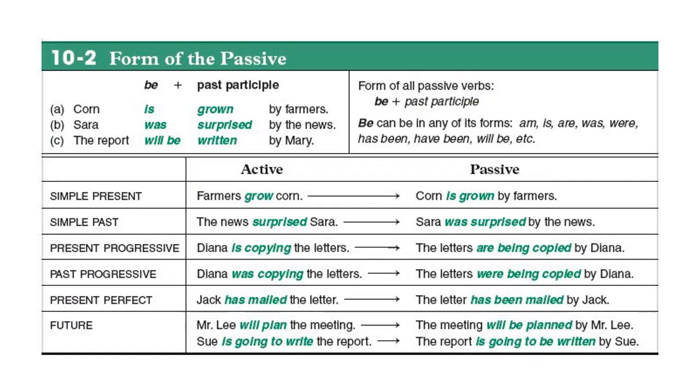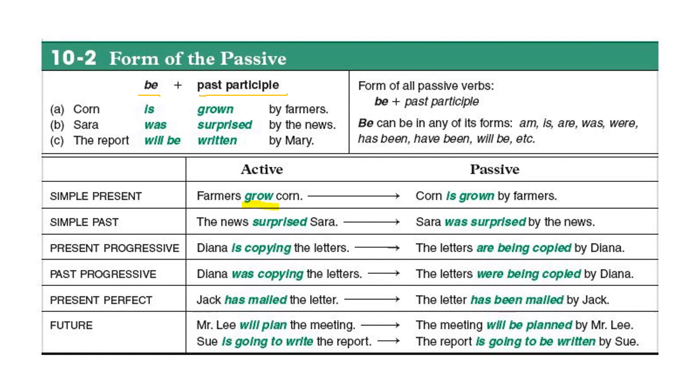So now, let's see the formula. What is the formula for the passive voice? We need to use the verb be in the correct way plus the past participle of the verb. Let's see an example. For the simple present, farmers grow corn.